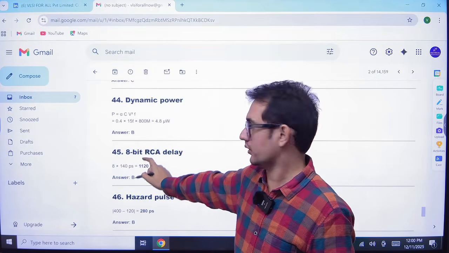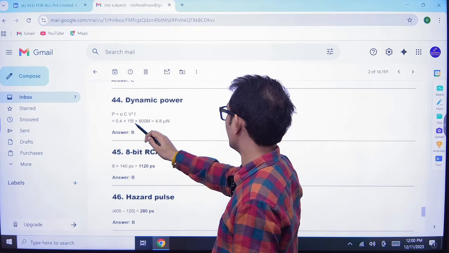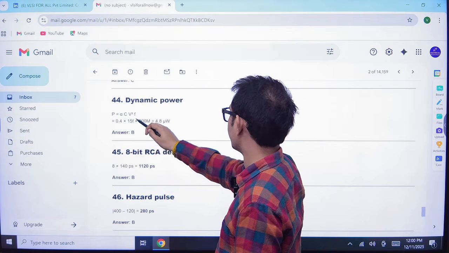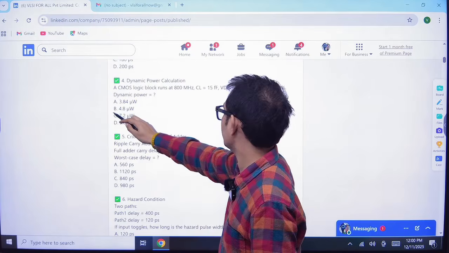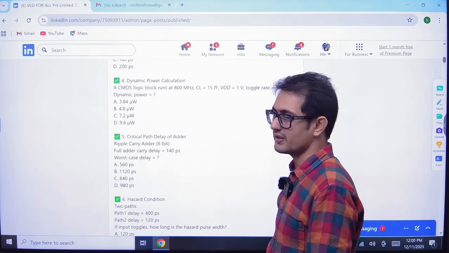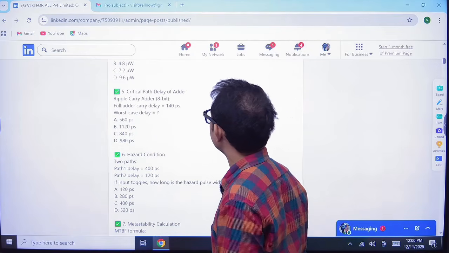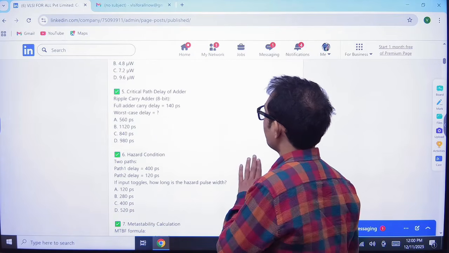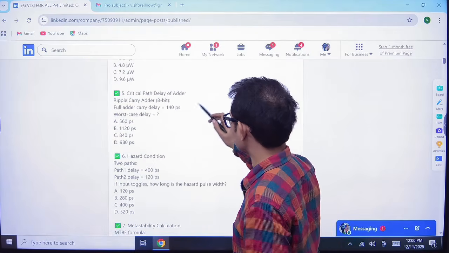Don't use half here, right? Because this is dynamic, right? So 0.4 into capacitor into voltage into frequency, right? So the correct answer is this one. This is the dynamic power, not static. If it is asking static, then half. If they have not given the toggle rate, then you can use a half also.